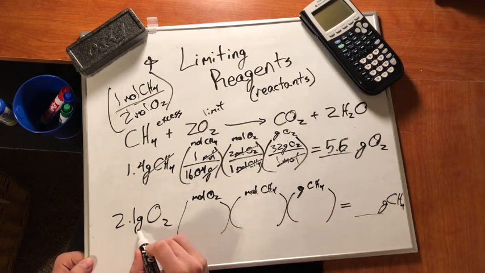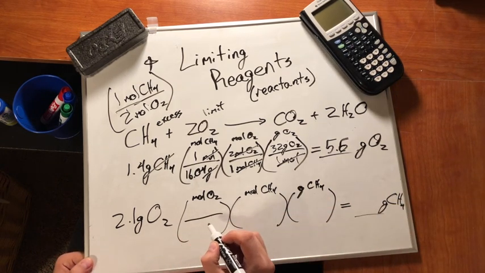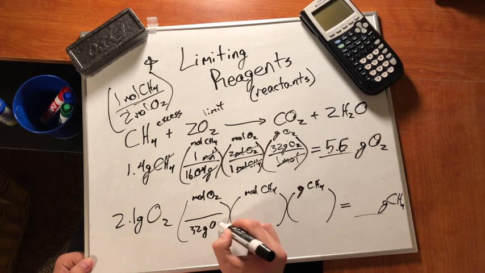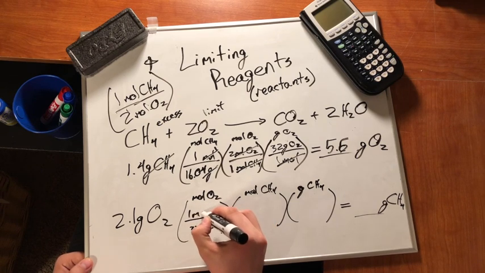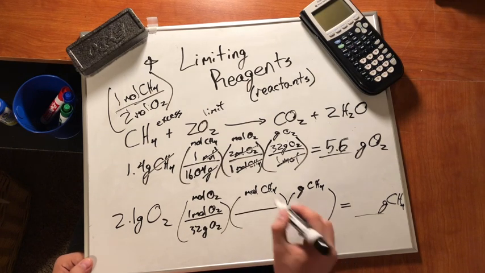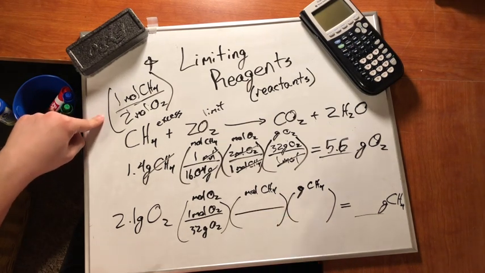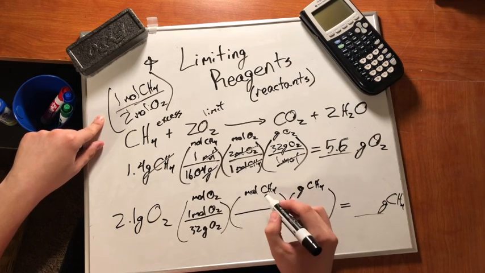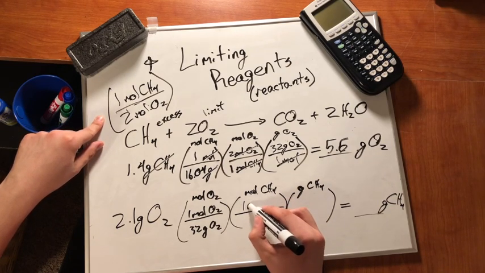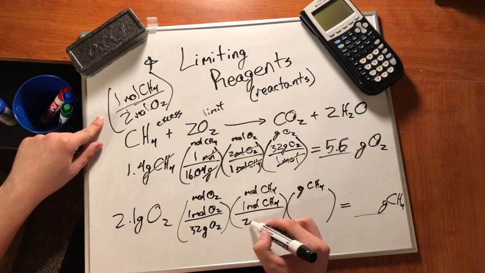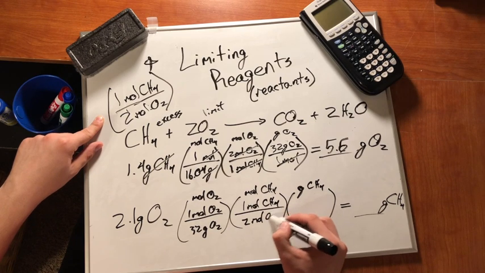And that's going to give us how much we're going to use up. So again, grams to moles, we're going to use our molar mass. What did we say that was? 32 grams of O2 for every mole of O2. And then this one is just our stoichiometric ratio. I'm converting to moles of methane, so that's going to go on top. I want moles of oxygen to cancel out.